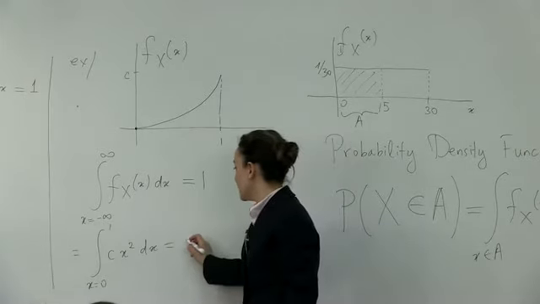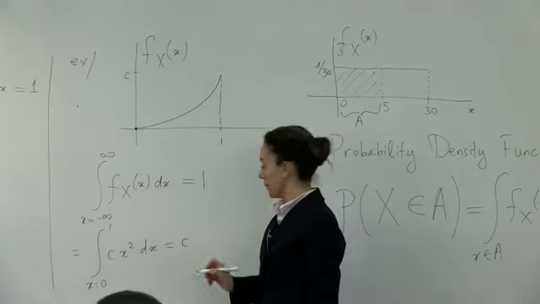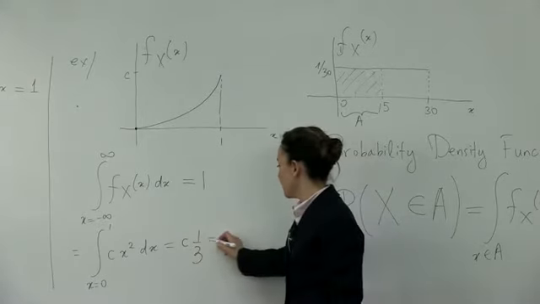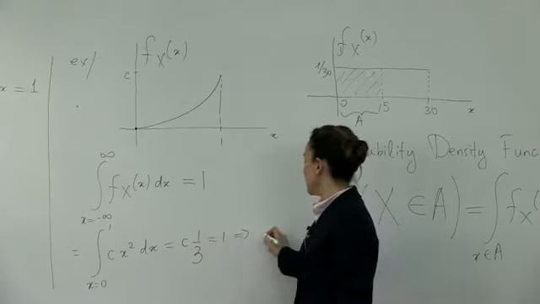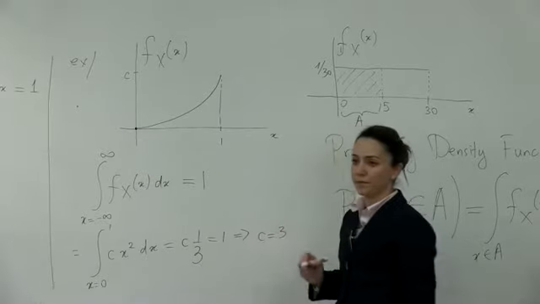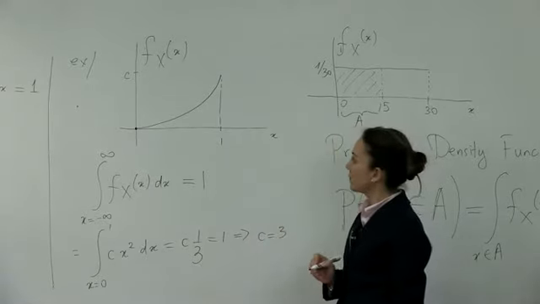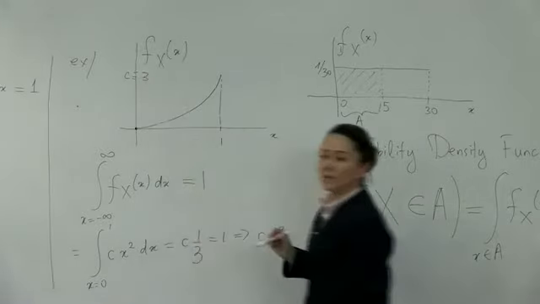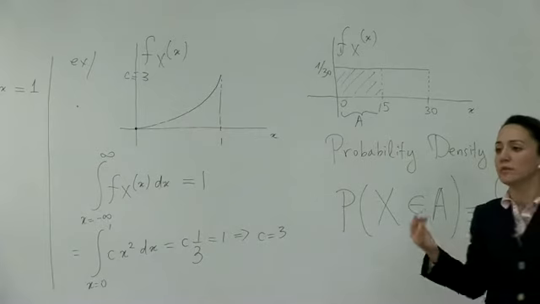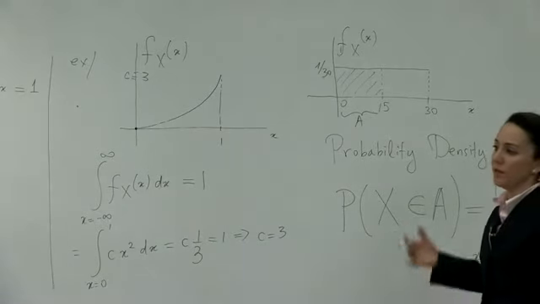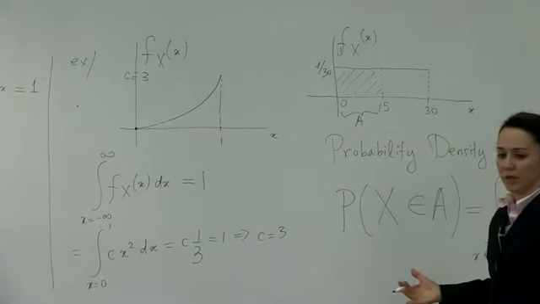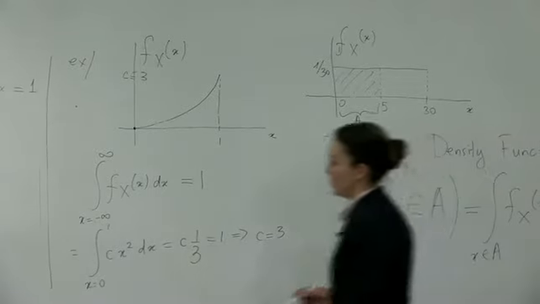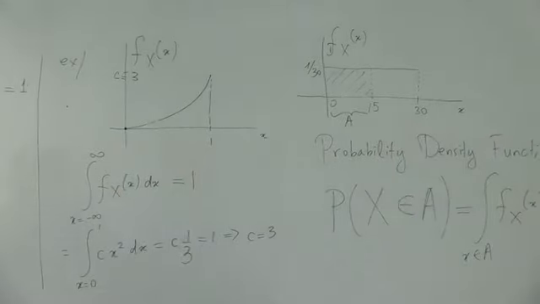What is this? This is c times 1 over 3. So this tells us that c should be 3. So the value of c here is 3. This shows us that densities can be bigger than 1. They're not probabilities. Any questions?